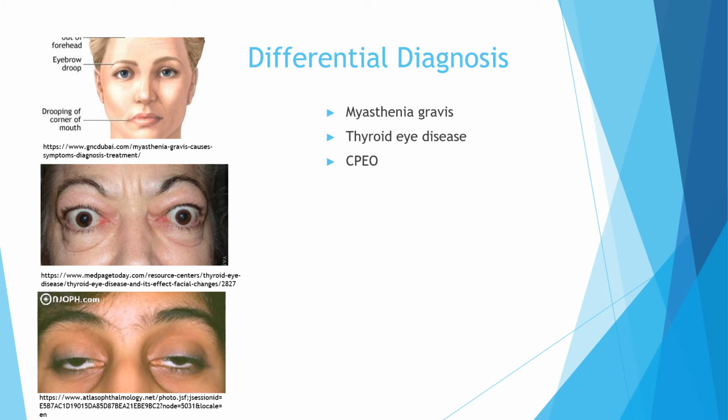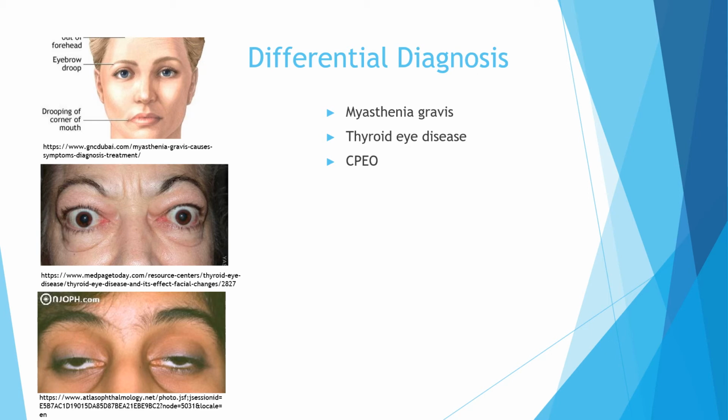Some of these presentations can point to other diagnoses. That's why we can't jump to one diagnosis prematurely. Myasthenia gravis is an autoimmune condition with anti-acetylcholine receptor antibodies. This syndrome can also cause diplopia quite early, so we need to rule this out.